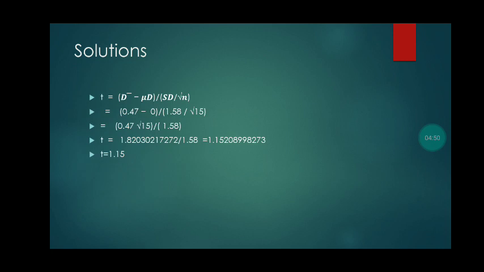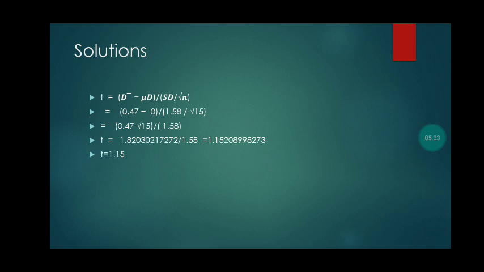To find our T computed, we will use the test of significance formula. T equals the mean of differences minus the null hypothesis over the standard deviation over the square root of n. So that would be 0.47 minus 0 over 1.58 over the square root of 15. So 0.47 times the square root of 15, divided by 1.58.